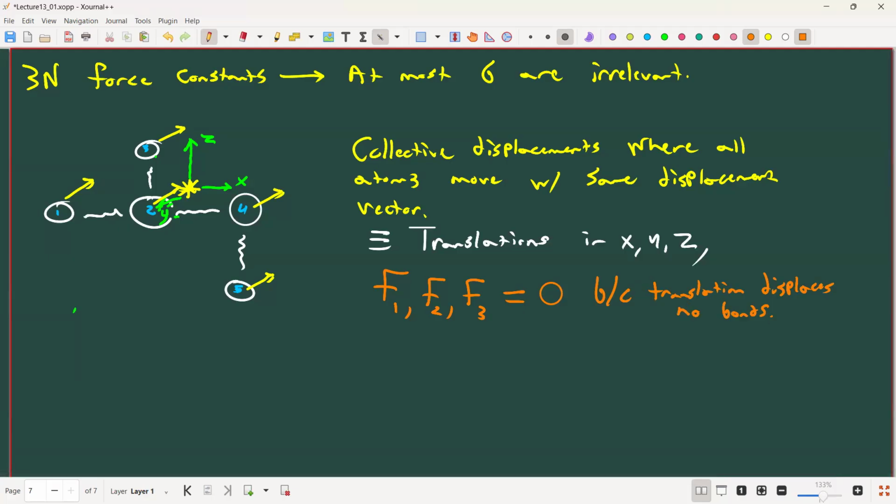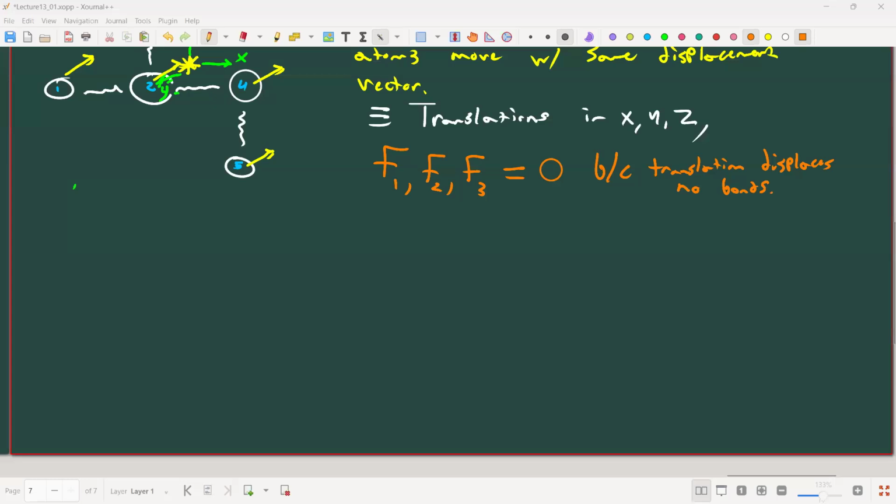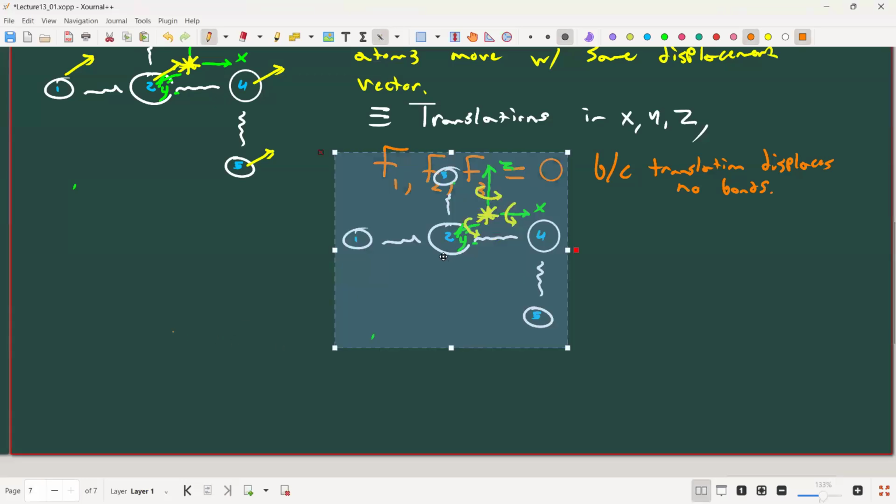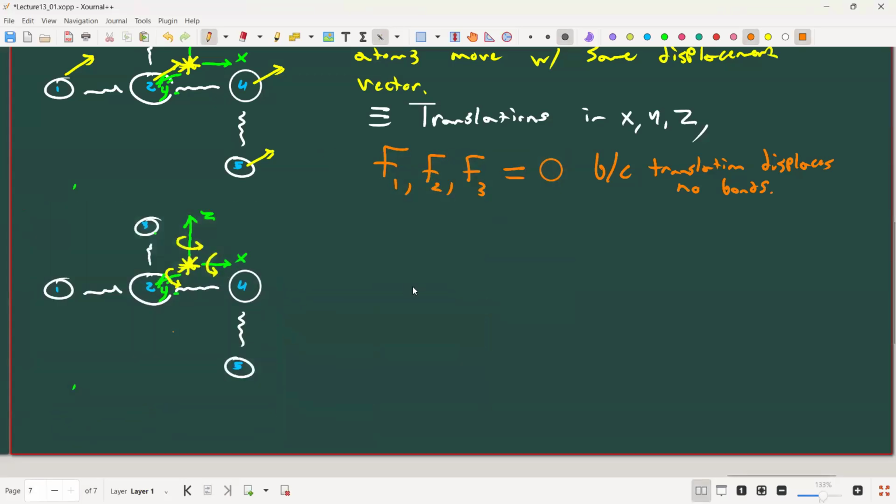Now, what about the other ones? Well, again, take the same molecule. But instead, what I'm going to do is rotate them all around the center of mass by the same amount. So I do some angular displacement.